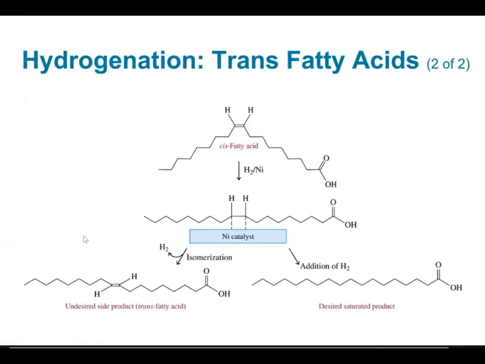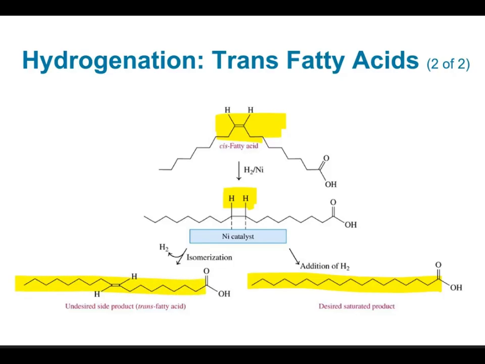So this image here illustrates two possible outcomes of the fatty acid hydrogenation. You have a cis double bond, you hydrogenate it, okay, you add two hydrogens. One outcome is you go to a saturated fatty acid, which is fine, and also undesired trans fatty acid.